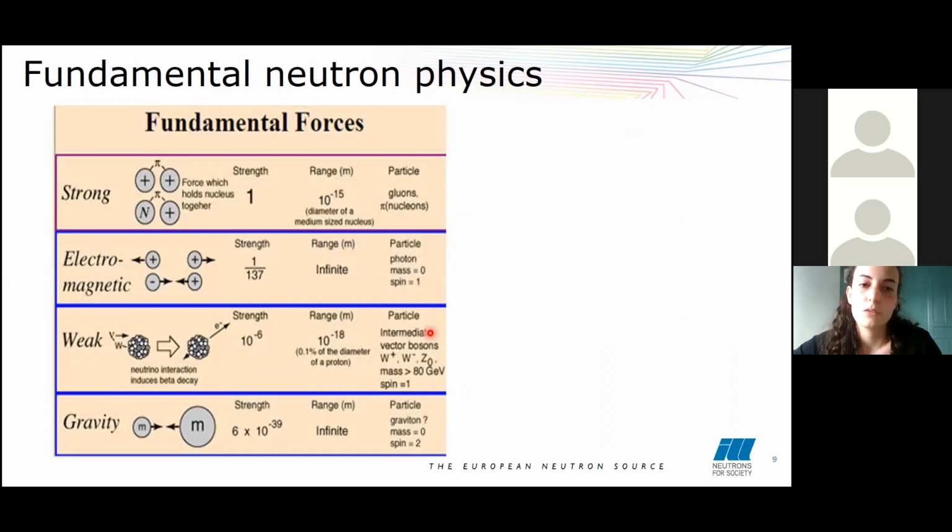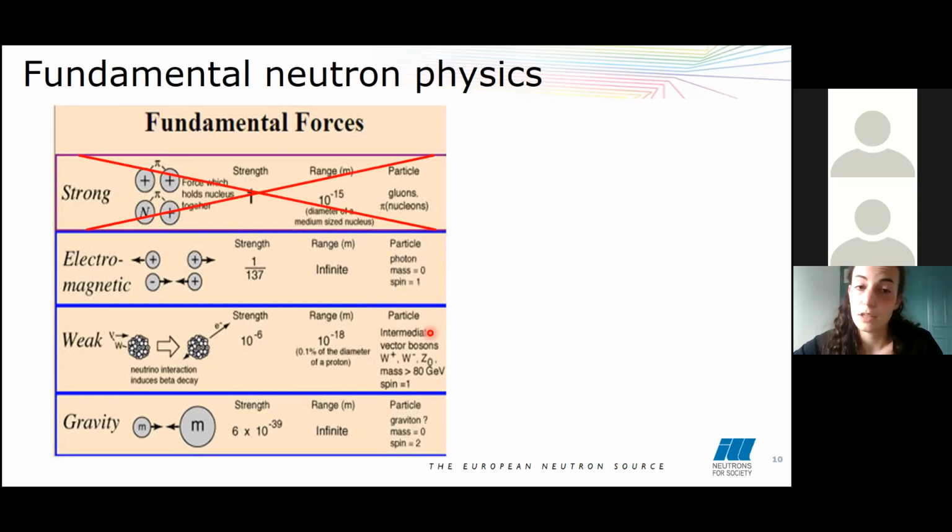So it means that if we want to measure the fundamental parameters of the weakest interactions, it's difficult when all four of them are acting, because the weakest will be overwhelmed by the strongest. So this is why a free ultra-cold neutron could be useful.